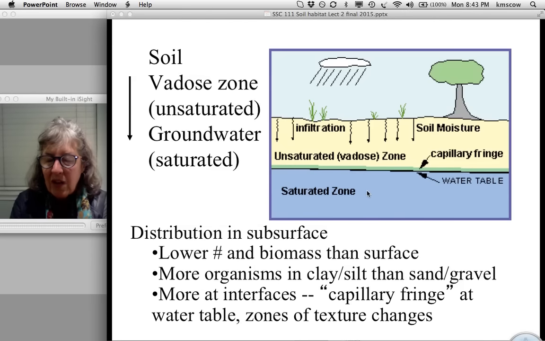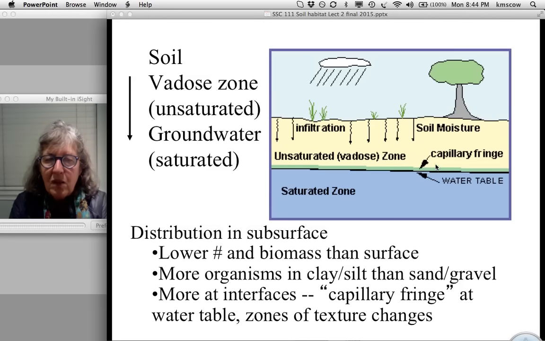So there's a lot in the news about groundwater and aquifers. So in the groundwater, deeper in the soil profile, right, it means that all the pores are going to be filled with water because you've hit the water table and it's groundwater. So that's saturated. But you have this zone of unsaturated area between this surface layer that is biologically active, high organic matter soil, and the water table, which is called the vadose zone.